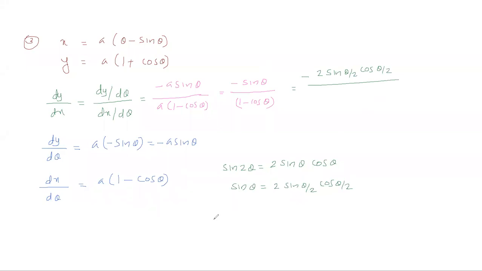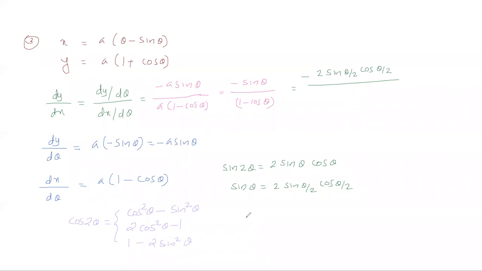So for 1 minus cos theta, you studied different expressions for cos 2 theta: cos square theta minus sin square theta, 2 cos square theta minus 1, 1 minus 2 sin square theta. So these are some of the double angle formulas we have seen for cos 2 theta.